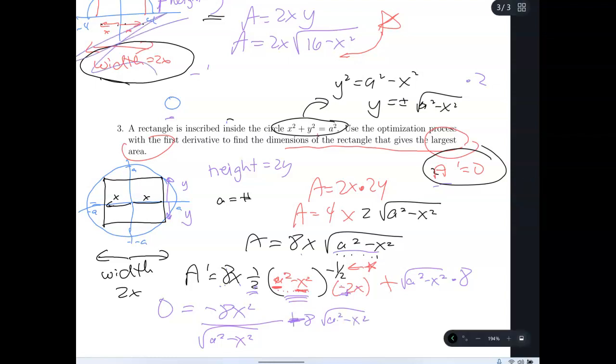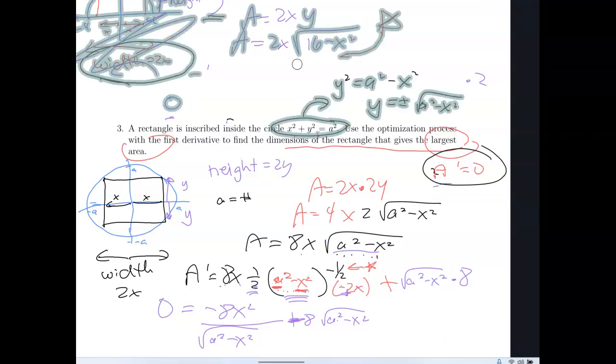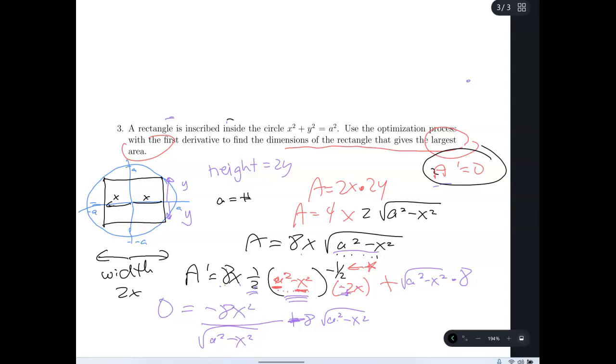In the next step, I'll want to set them equal to each other, because I'll move one over to the other side of the equation. All right, let's do it up here. Okay, so if I move this one over to the other side of the equation, I get 8x squared over the square root of a squared minus x squared equals 8 times the square root of a squared minus x squared.